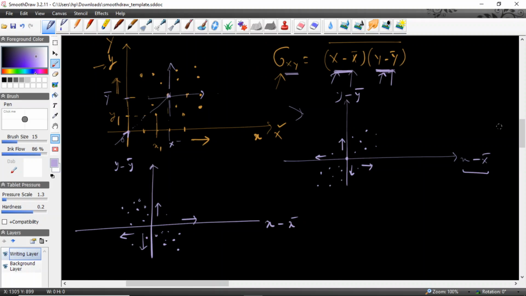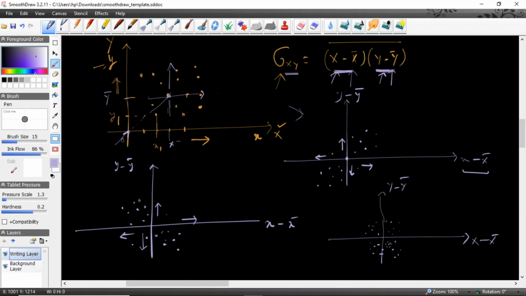And if you take the last case in which x and y are uncorrelated, it means the outcome of y is not dependent on the outcome of x. So with x minus x bar and y minus y bar, you can have a random scatter plot like this. In this case, if x increases, then y can equally increase or decrease, and if x decreases, y can increase or decrease.